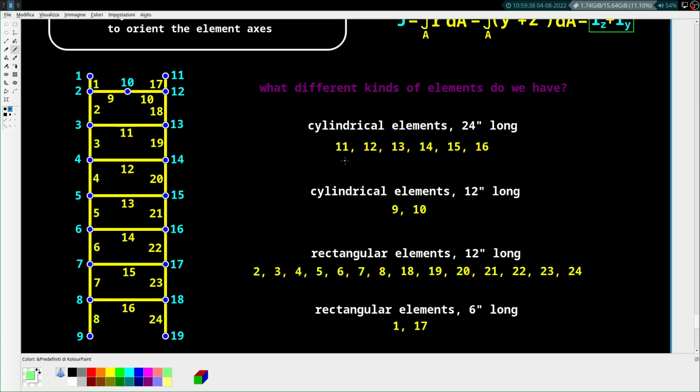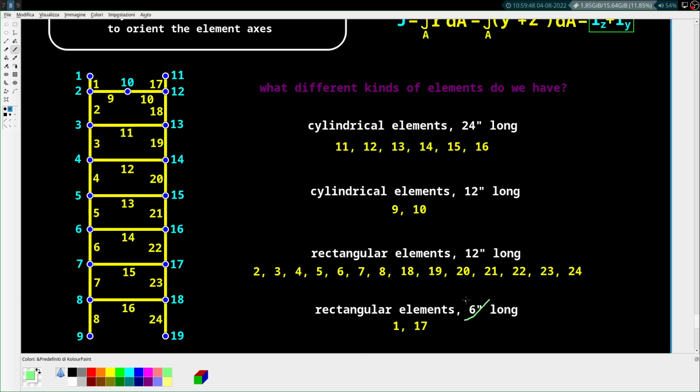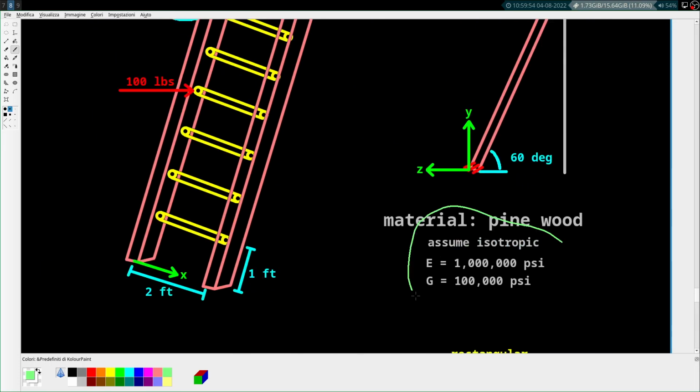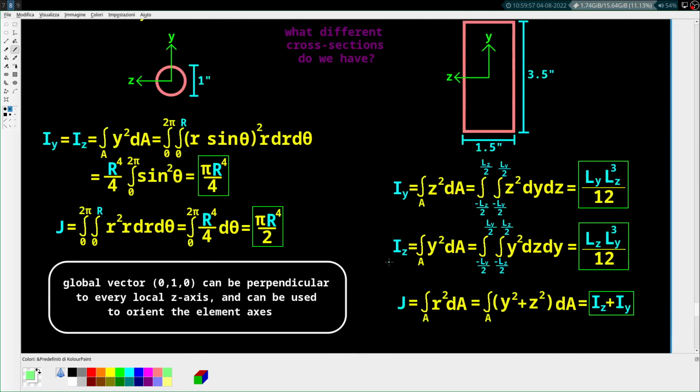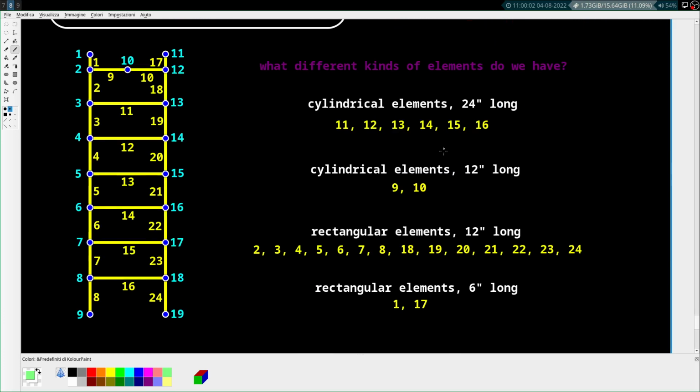And so if you wanted to, you can compute the stiffness matrix just manually. You could just go over here and plug in these values: L is 6 inches for this one and 24 for this one, and then the I's and the E's. The E's are all the same, they're all from wood, and the G's are all the same, from wood, and the I's and the J's come from this. You could do it all manually, but it's easier just to code it up.